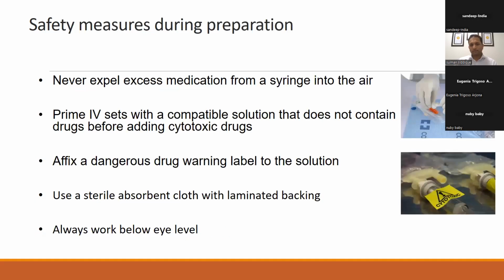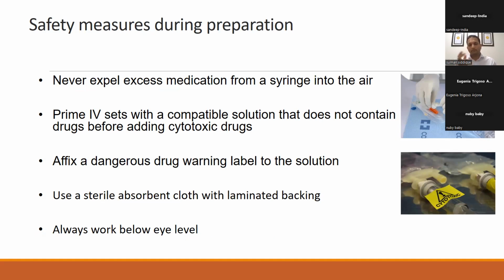And some further safety measures during preparation. This is relevant for IV drugs. Every time you're preparing, we all have done that, whenever you're trying to pull the medication into a syringe from the container or from the vial, it's very tempting to then tap the syringe and expel the excess medication from the syringe.